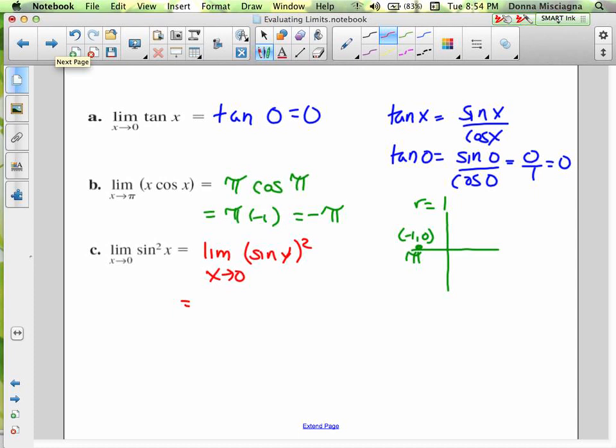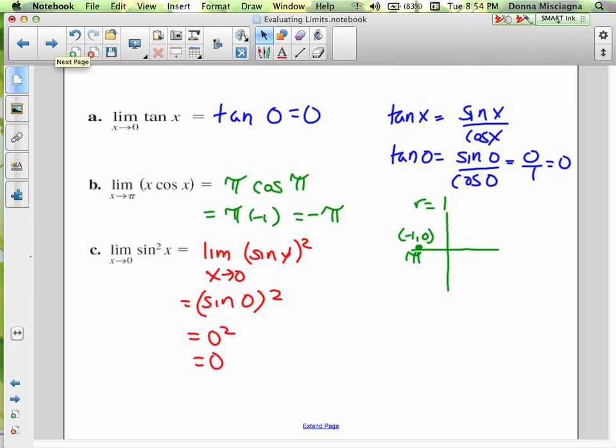So this would be the same as sine of 0 all squared. We know sine of 0 is 0, and if you square it, it's still 0. So there you go. Sometimes it's easier just to think of what sine of that value is and then square that value. So we've evaluated these three. When you can substitute, it's just that easy.